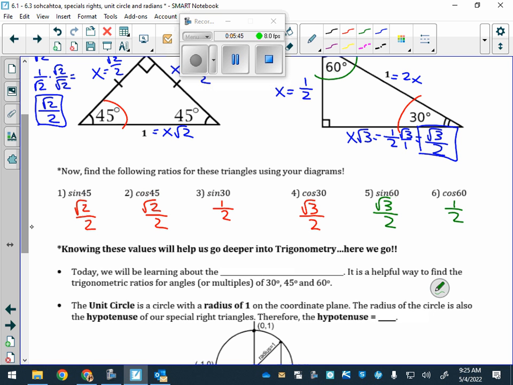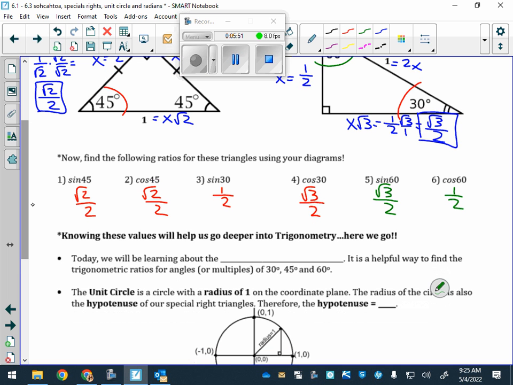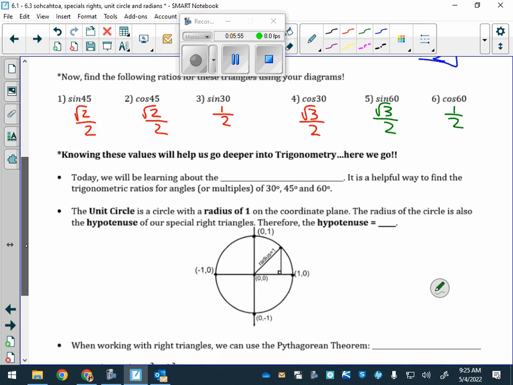Knowing and remembering these values is the most important because we are going to go deeper into trig today. Today we are learning about the unit circle.